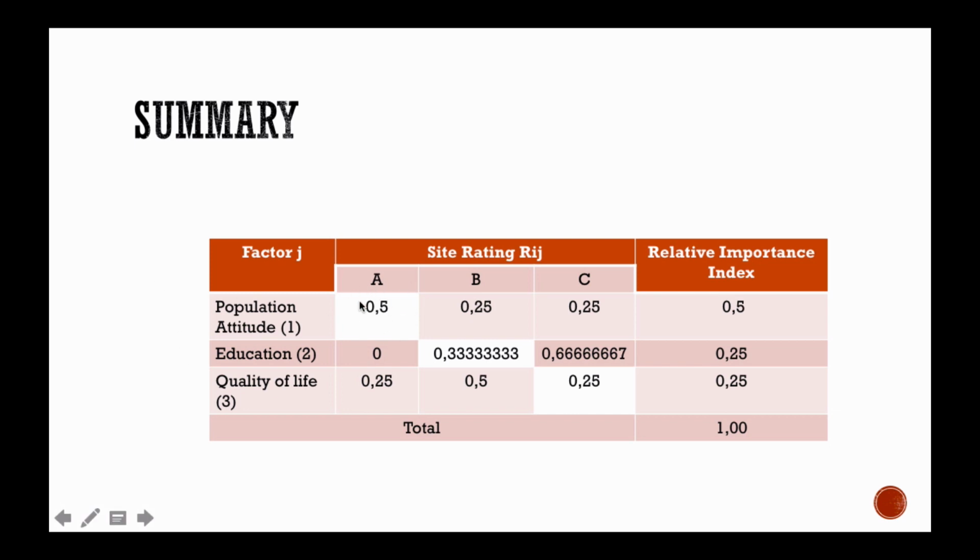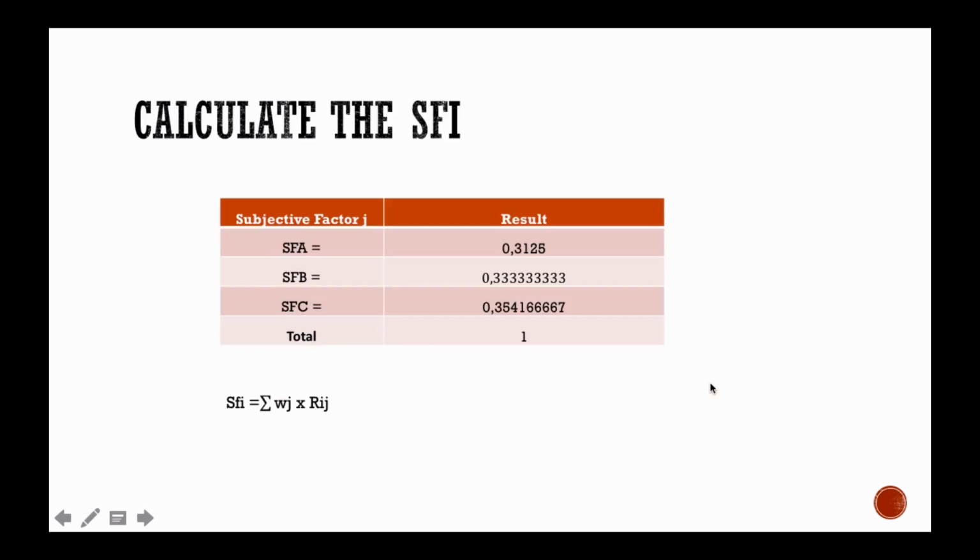For the A, 0 times 0.5 plus 0.5 times 0.25 plus 0.25 times 0.25. So you will get this one. Using the same way, you will get this one and also this one.